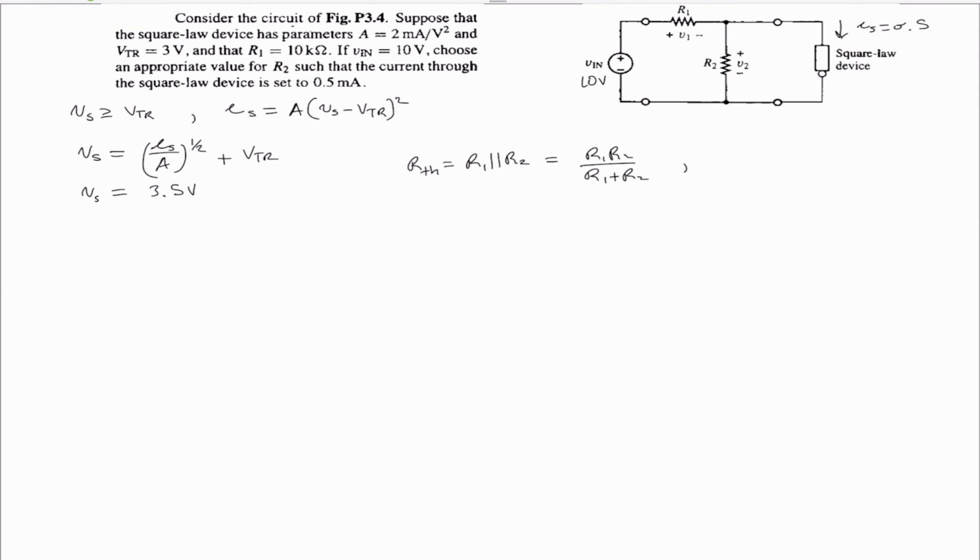We know that V Thevenin is equal to the input voltage times the resistor that we're targeting, which is R2, the resistor we need the voltage across, over R1 plus R2. V Thevenin. Now we have a series circuit.